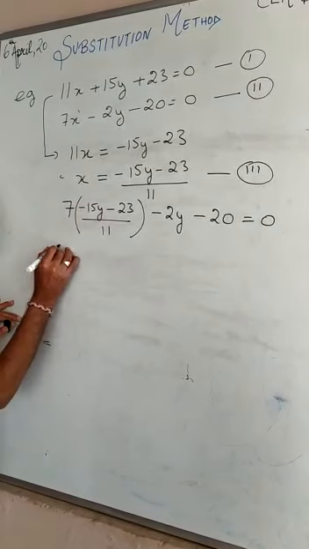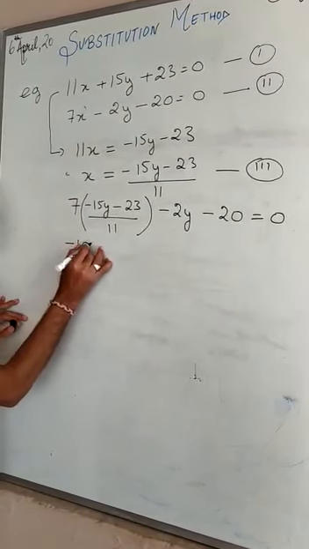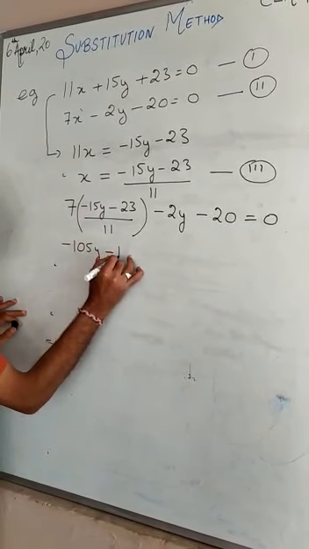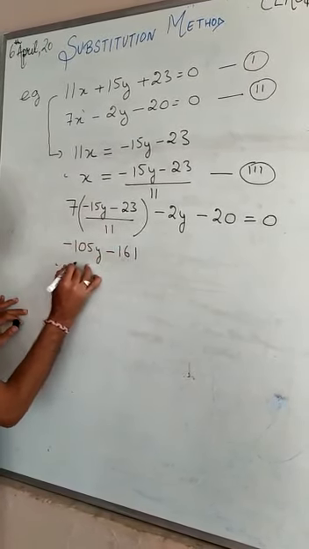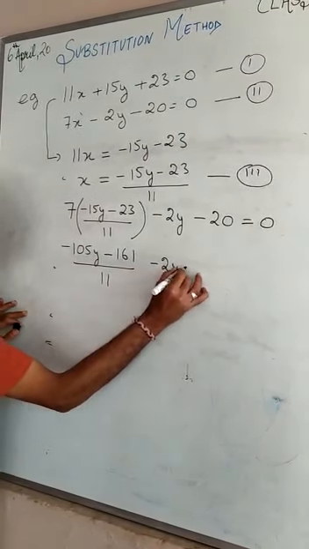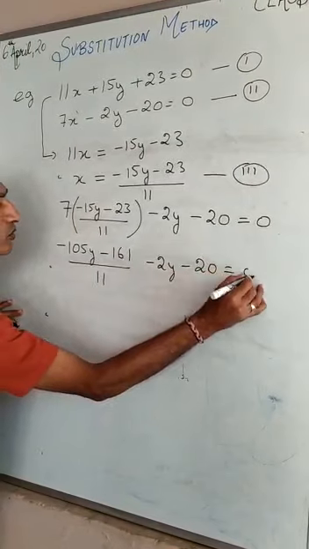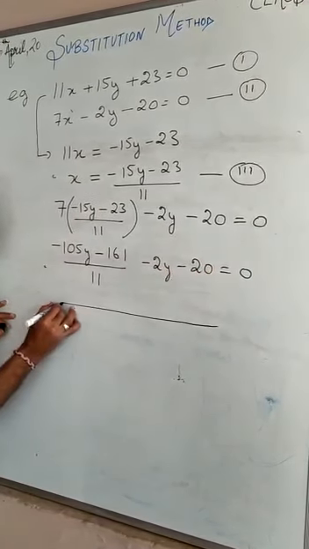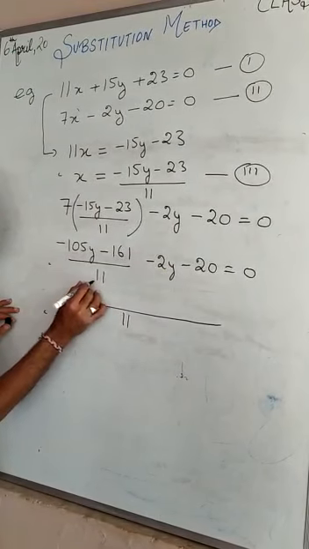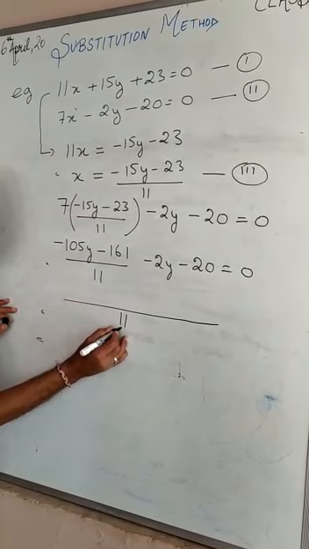Open the bracket, I get minus 105y minus 161 upon 11 minus 2y minus 20 equal to 0. Next step is taking the LCM. It is 11. 11 goes in 11 one time.